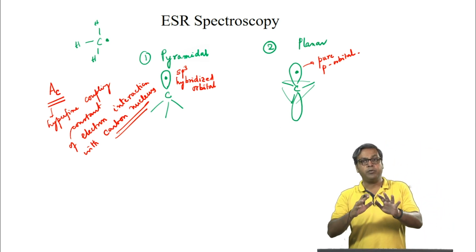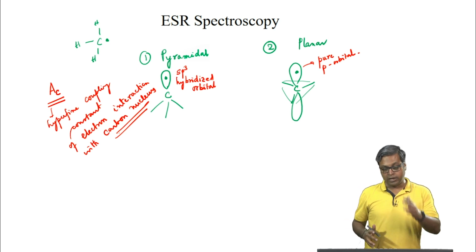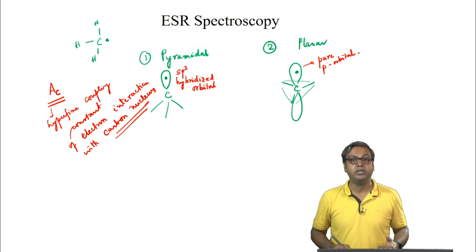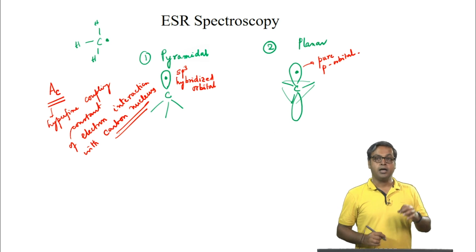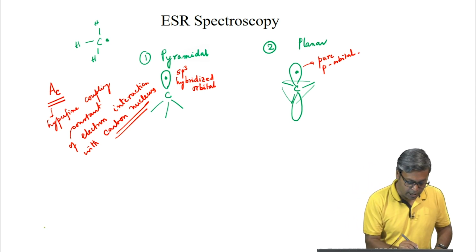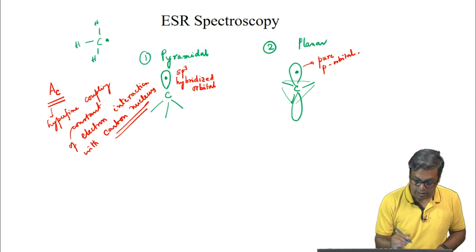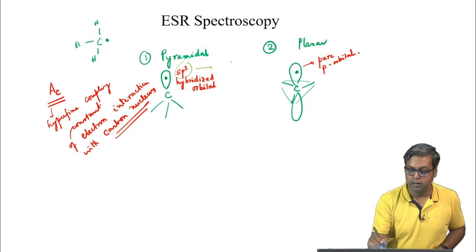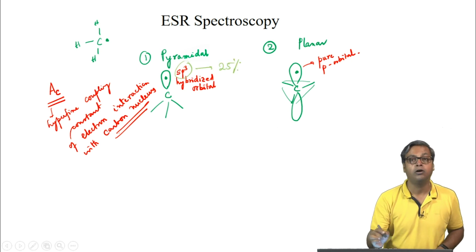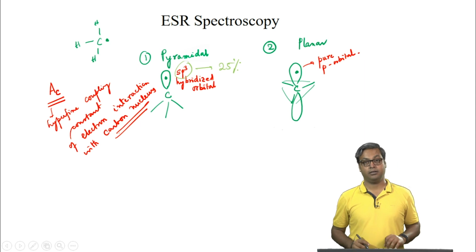So, for a pyramidal structure, the electron is in the sp3 hybrid orbital. In other words, in an sp3 hybrid orbital, there is 25% of s character.